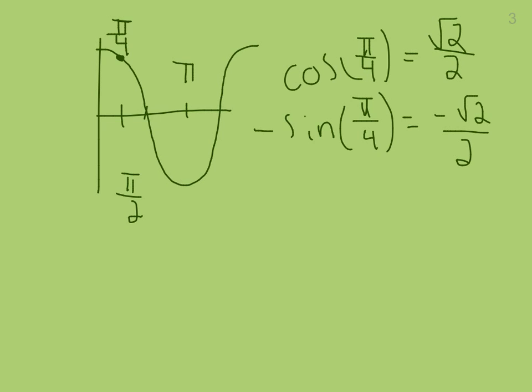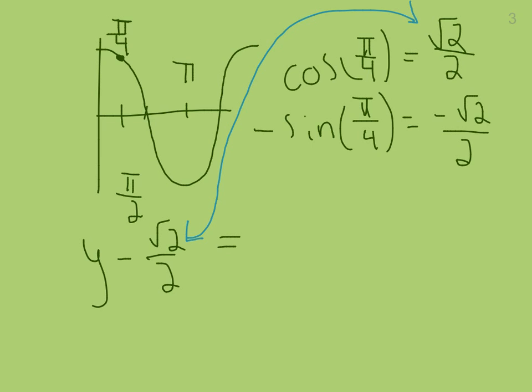So now we've got our point, our slope, and we can plug it into our point-slope form. So y minus our y-coordinate, which is root 2 over 2, equals m, which is the slope, negative root 2 over 2, times x minus our x-coordinate, which is the coordinate that they gave us, pi over 4.